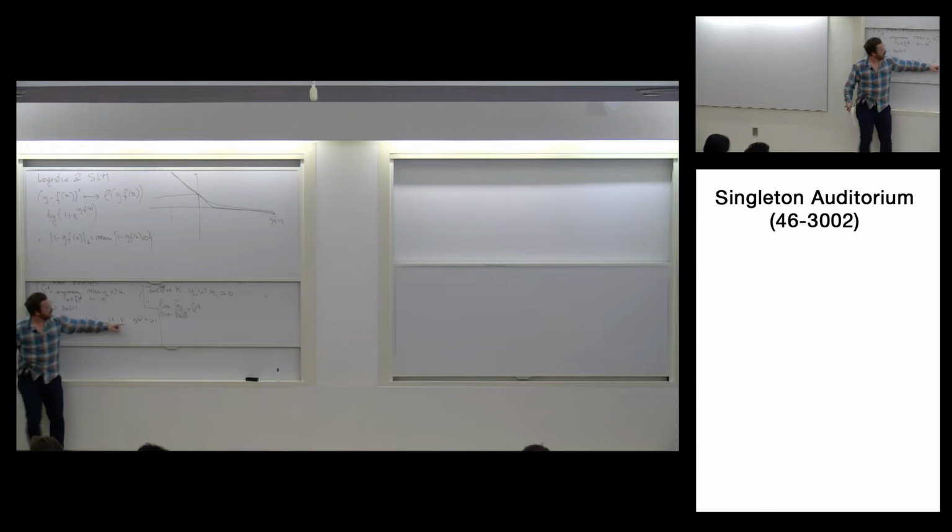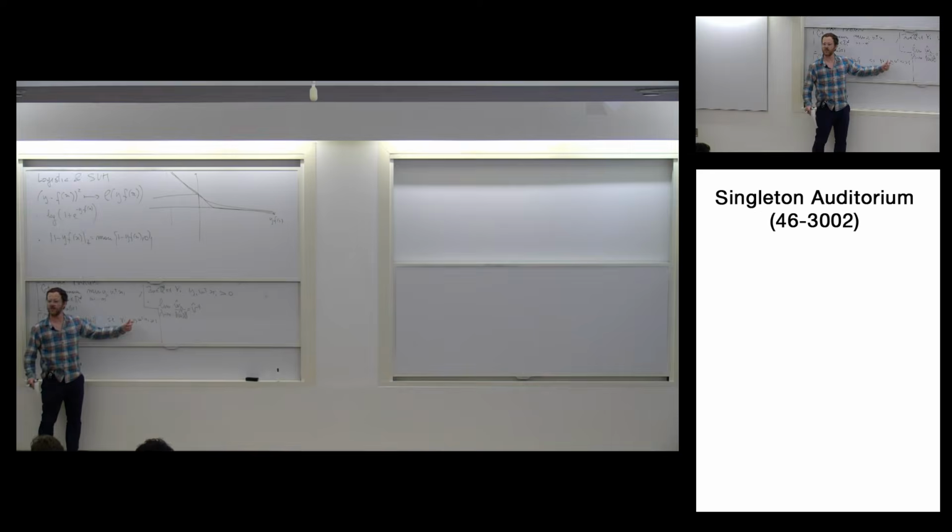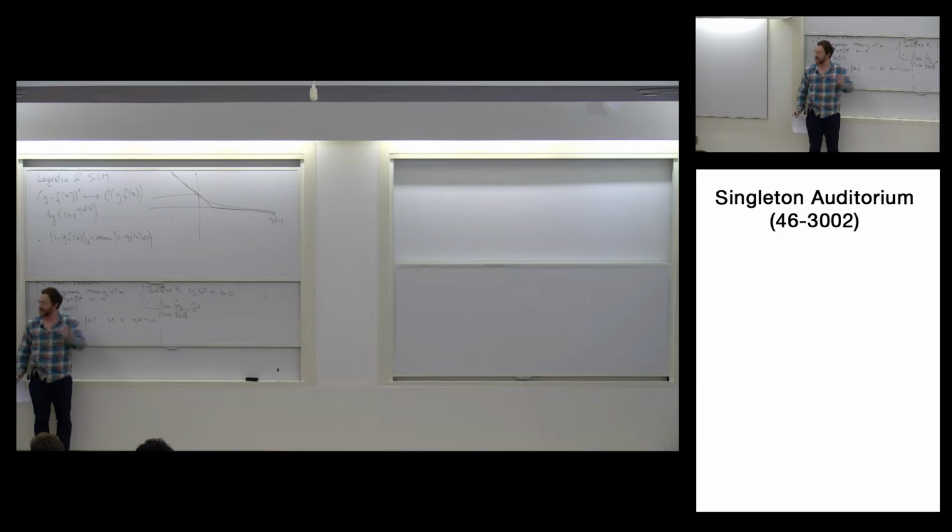So define a feasible set to be all the values that not only separate the data, but they separate the data with a margin of one, okay, with some corridor.